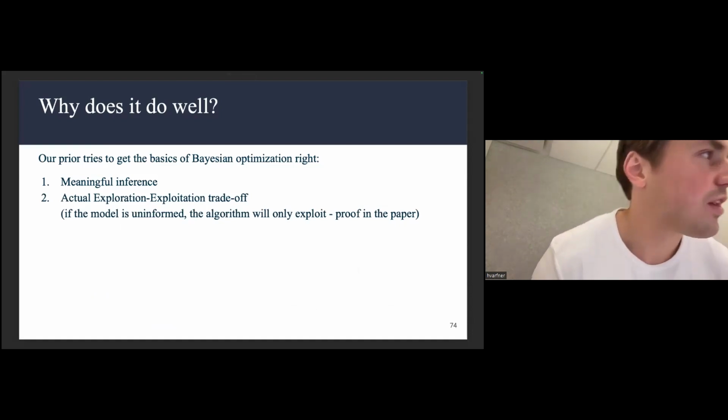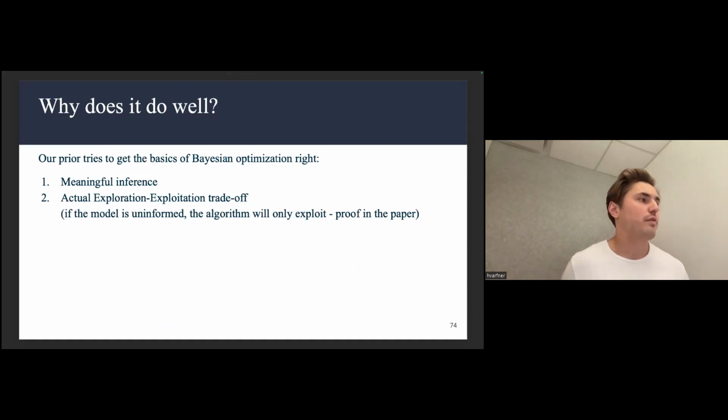Secondly, there's an actual exploration-exploitation trade-off, like we saw in the beginning. If the model is misinformed, the algorithm will only exploit. And this I emphasize a lot. It's exploit, not explore. The proof of this is in the paper, where we actually prove that if a BO algorithm has no idea, if there is no correlation in the data, it will basically only go close to the current best point.